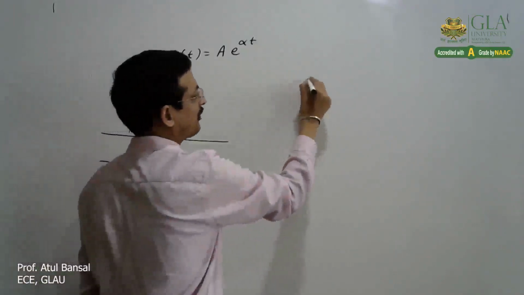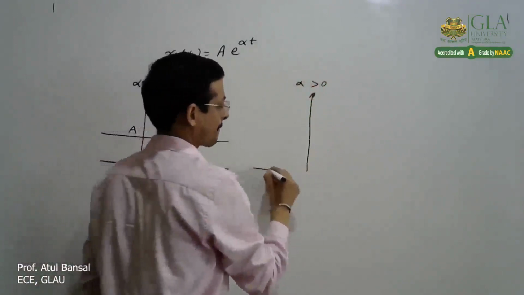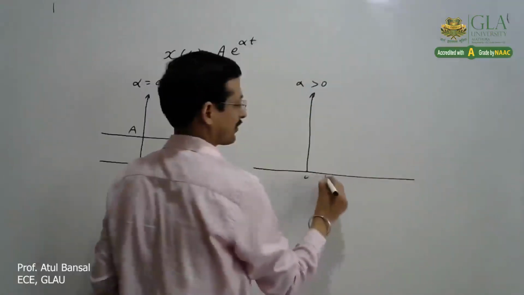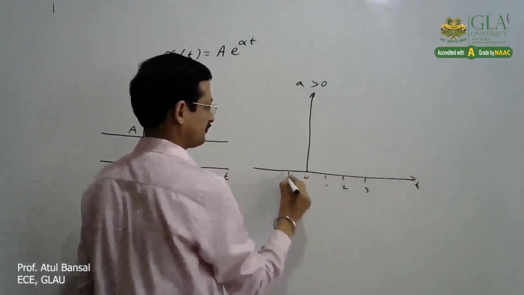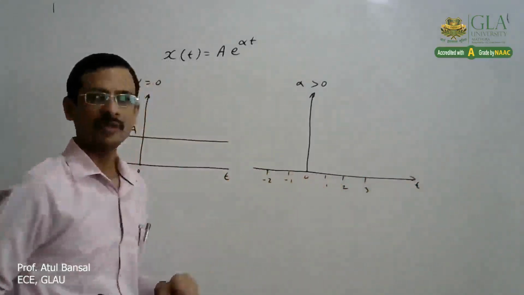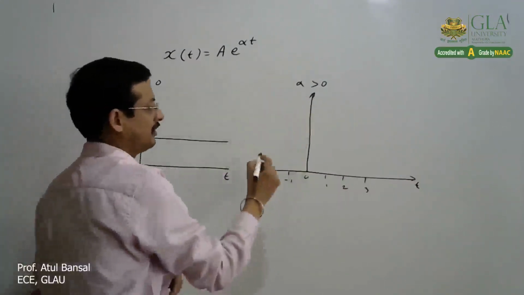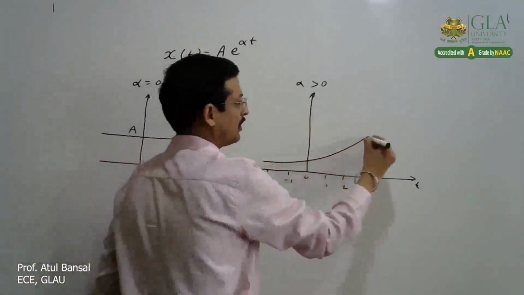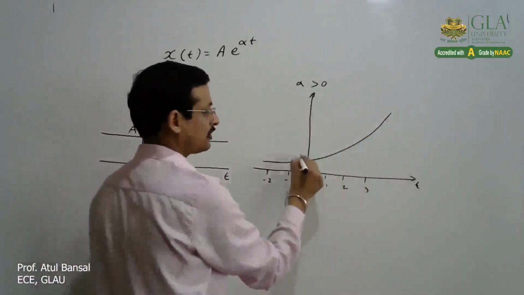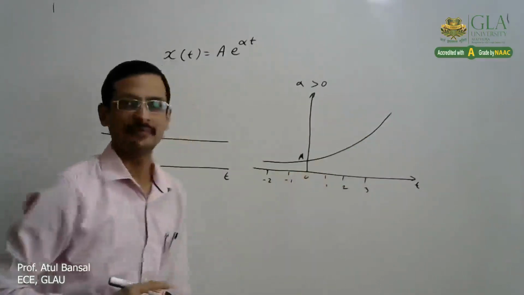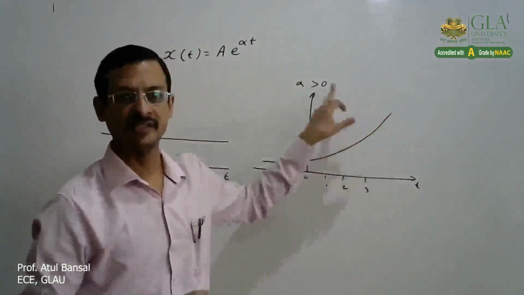Second, if alpha is greater than 0, if you compute mathematically, you would find that this signal is exponentially growing, and at t equal to 0, the magnitude would be A, right?